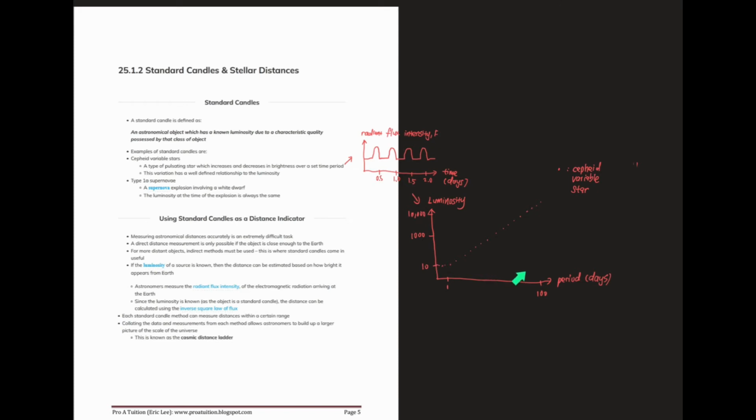Certain star takes 100 days to change from not bright to bright, and then you bring it up here, then the luminosity will be about this value. It is this kind of idea on how we use it. Different stars will have different periods of time to change from not bright to bright. So we observe that period, then we can find out the luminosity.